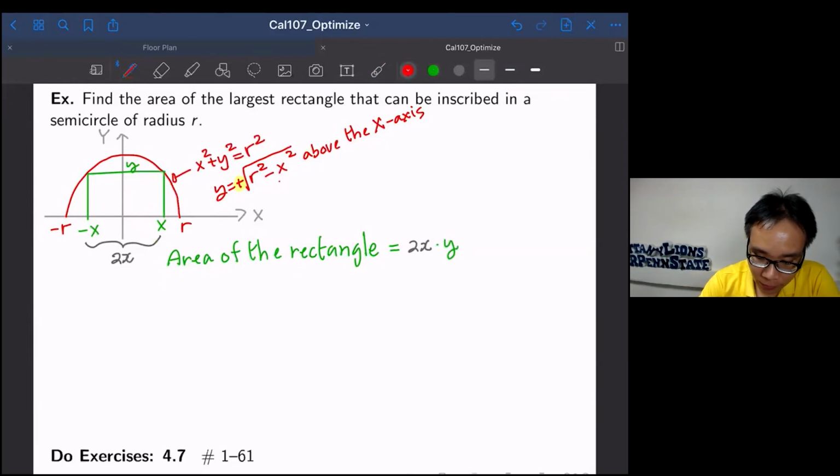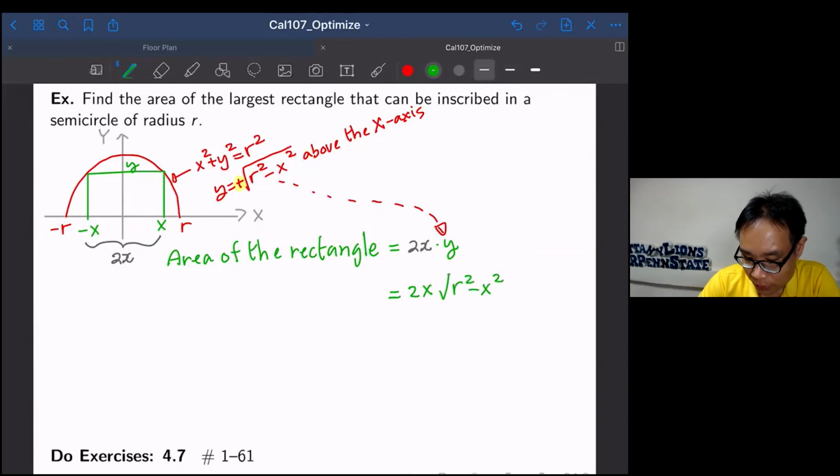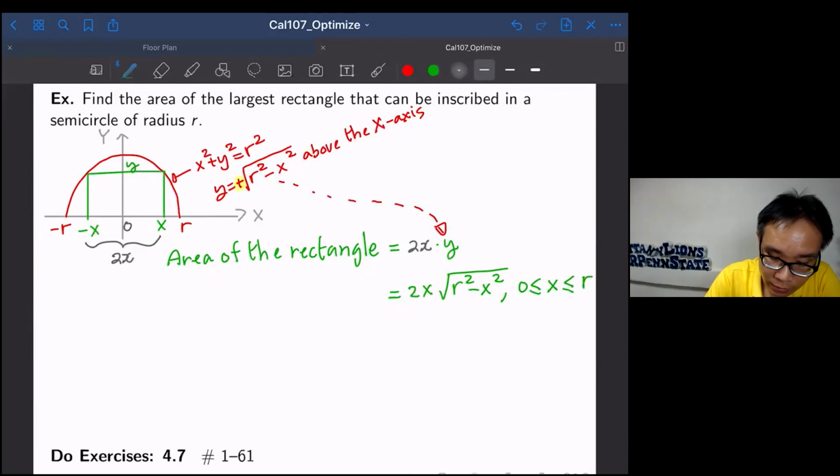However, you're going to put y equal to this square root, so this gives you A equal to 2x times the square root of r squared minus x squared. And you see that x lies between 0 and r, because your x is here.